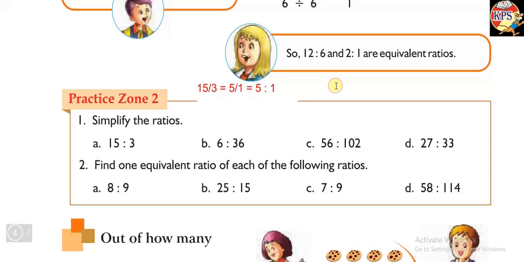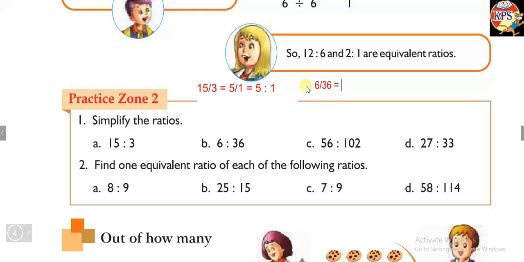Now the second example, suppose 6:36 is given. First we have to convert it into a fraction, so we write 6/36. Now we have to cut it. 6 ones are 6, and 6 sixes are 36.